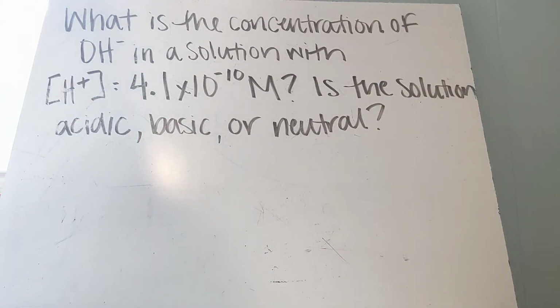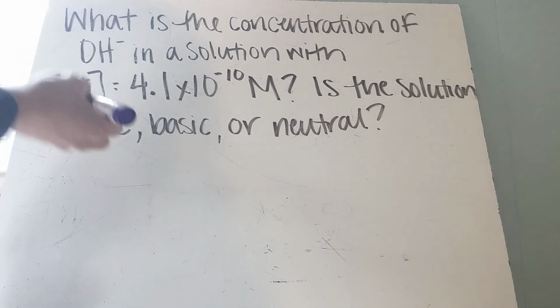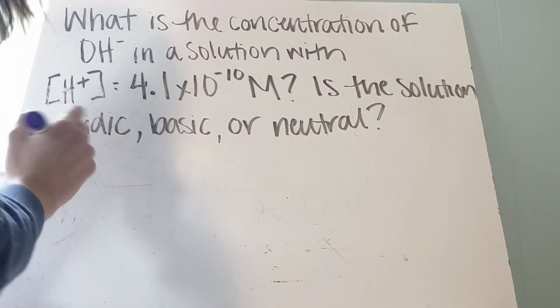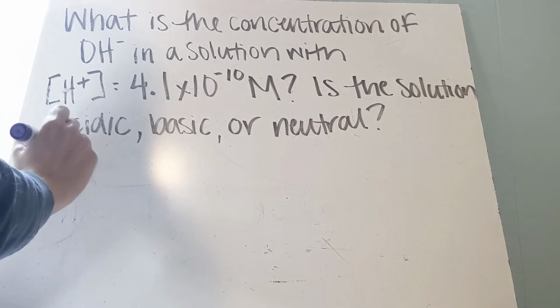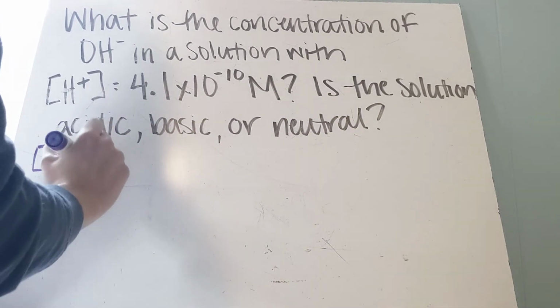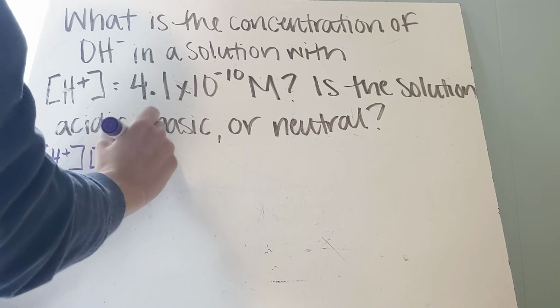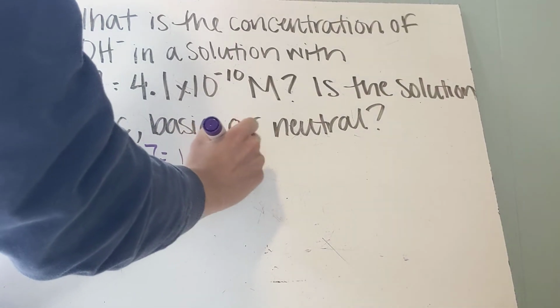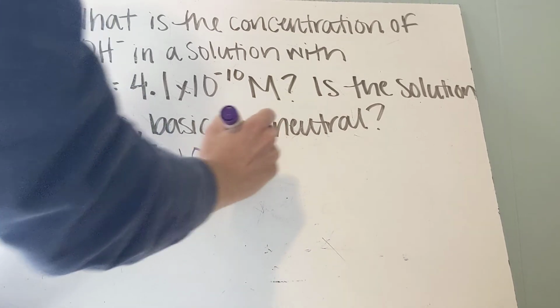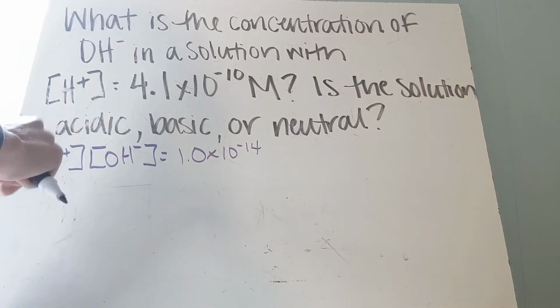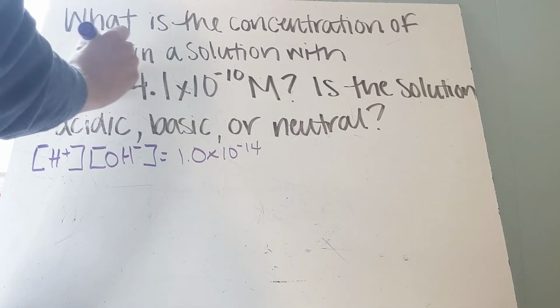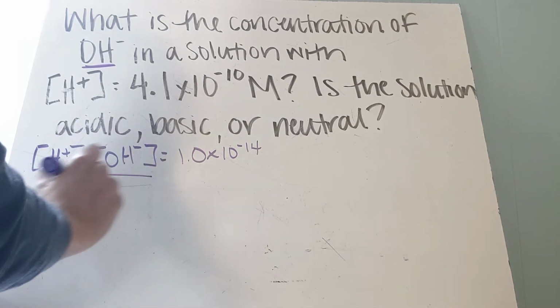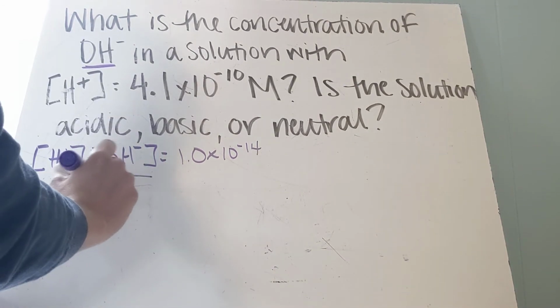So again, we're going to use our formula: H plus times OH minus is equal to 1.0 times 10 to the negative 14th. This time I'm trying to solve for OH minus, so I'm going to divide both sides by H plus.